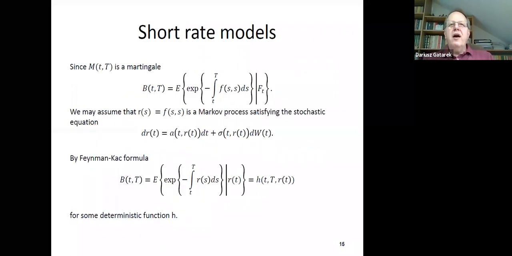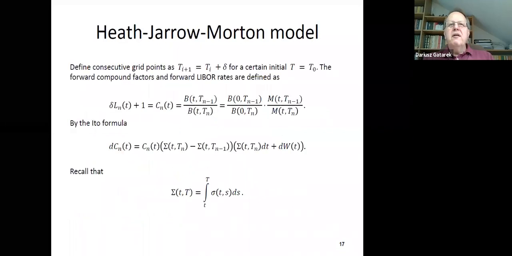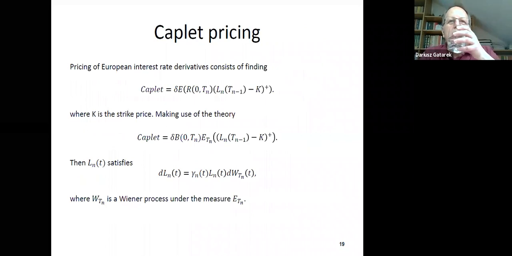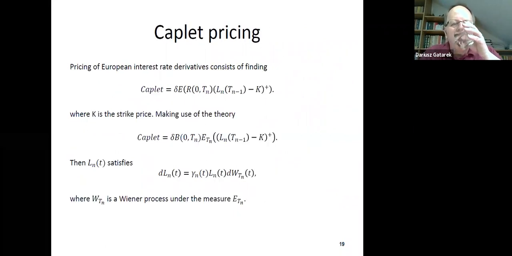Okay, so we've heard a lot about various short rate models, about BGM model, and I used to call it Libor market model, but these days Libor is a forbidden word.